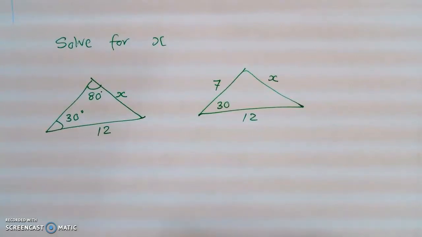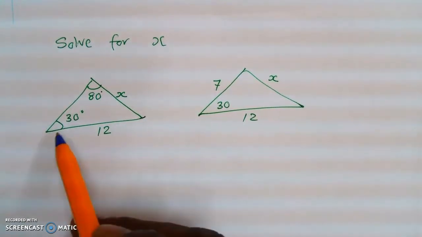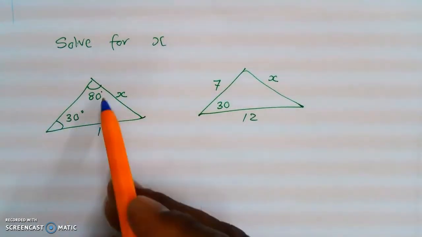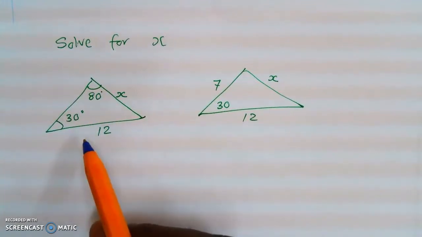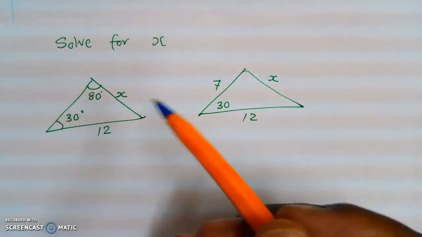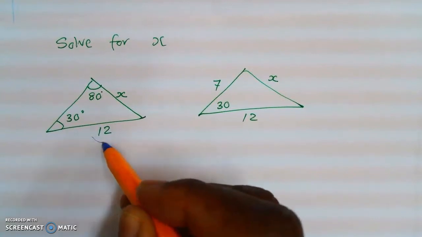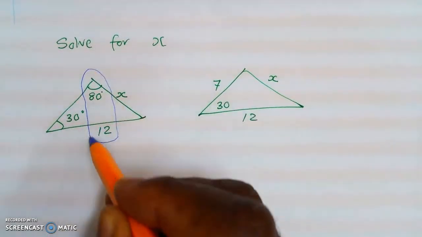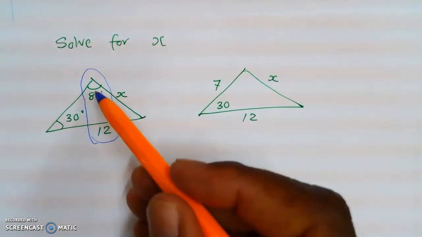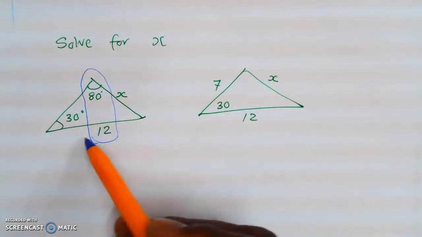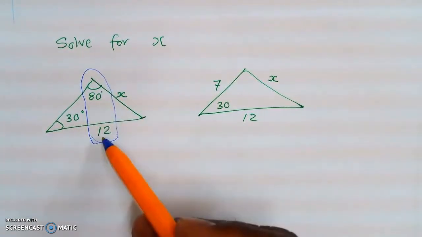Here I will continue with the sine rule from the previous video. You remember we are able to find the value of x given this triangle, right? Like we said, you need to identify a complete pair. That means 80 degrees facing the length 12. That's a complete pair.